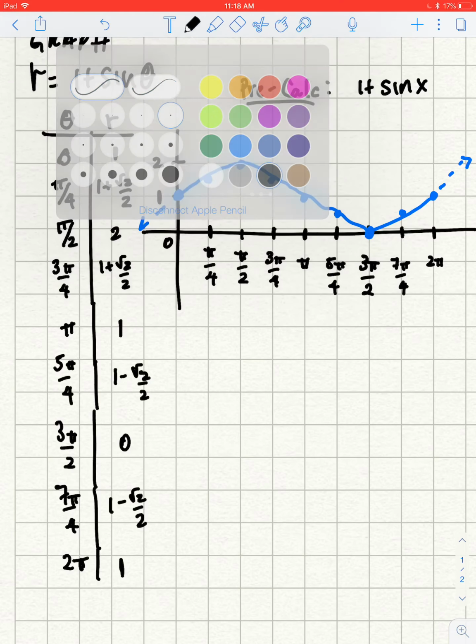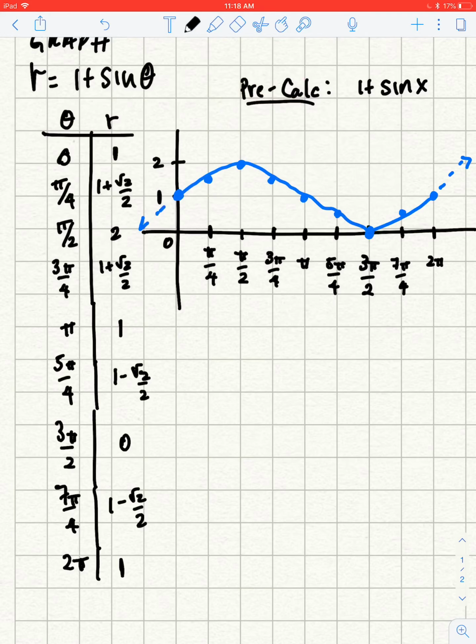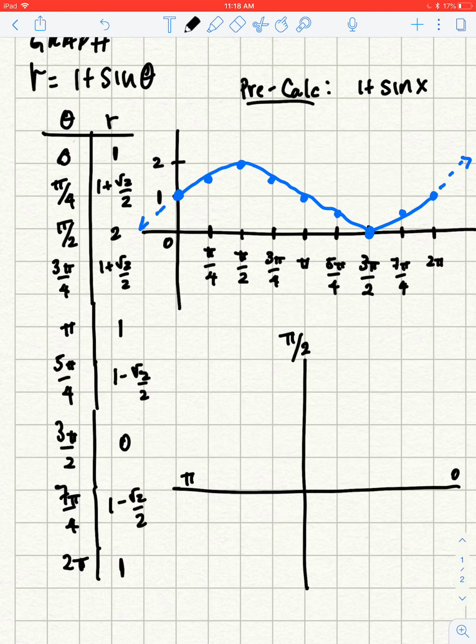But now in polar, so what I'm going to do is use both the table. All right, now remember this is 0 radian, this is pi over 2. This is pi, and this is 3 pi over 2. So let's start.